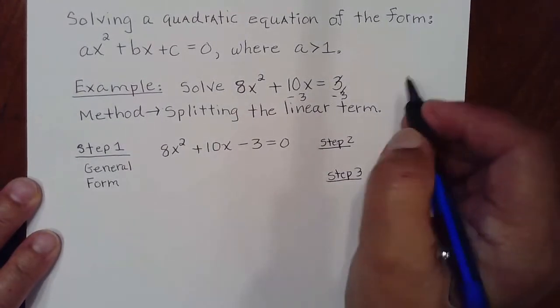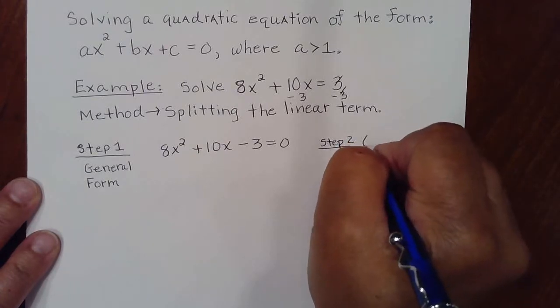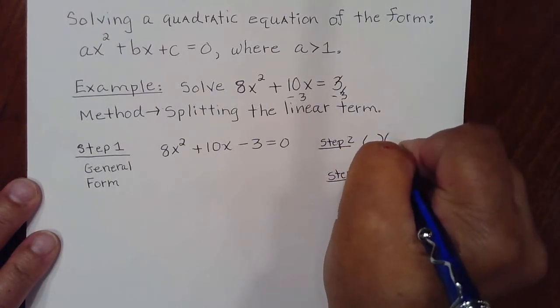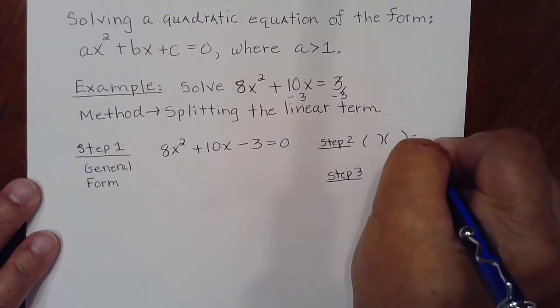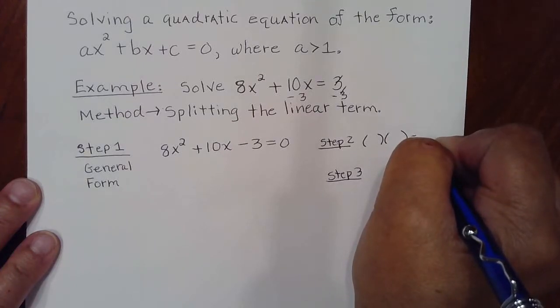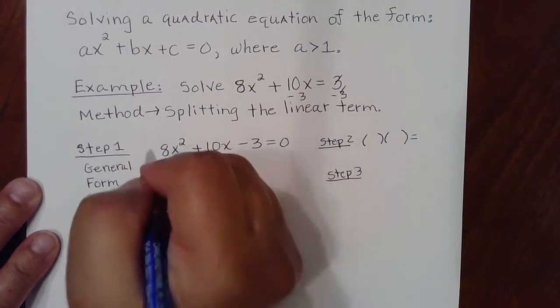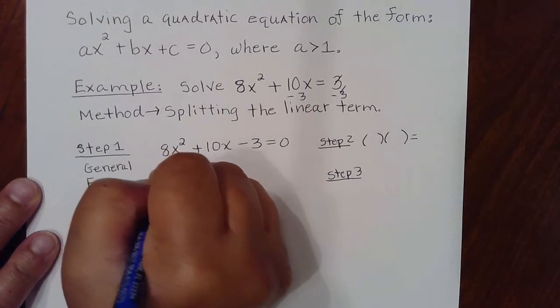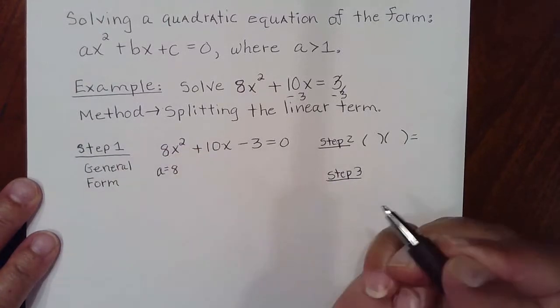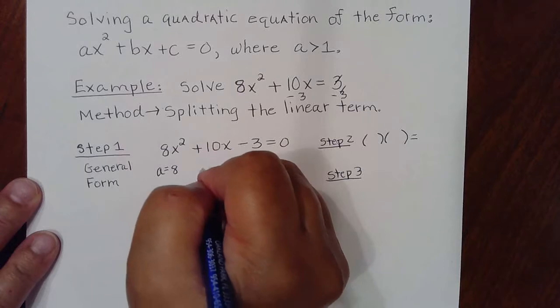Step 2 involves trying to find a product of two numbers that's equal to the a times the c value. So we do have to be very aware of what's a, b, and c. This is your a value. It's the coefficient of the squared term, or the quadratic term, it can be called.